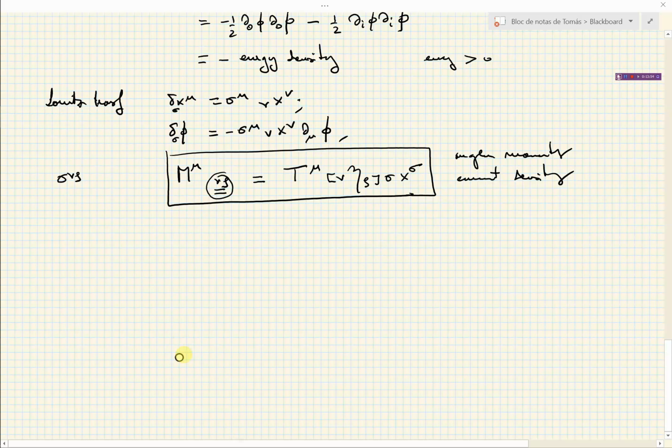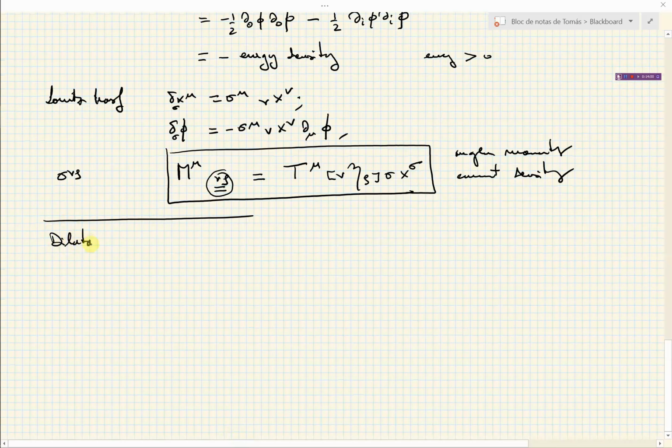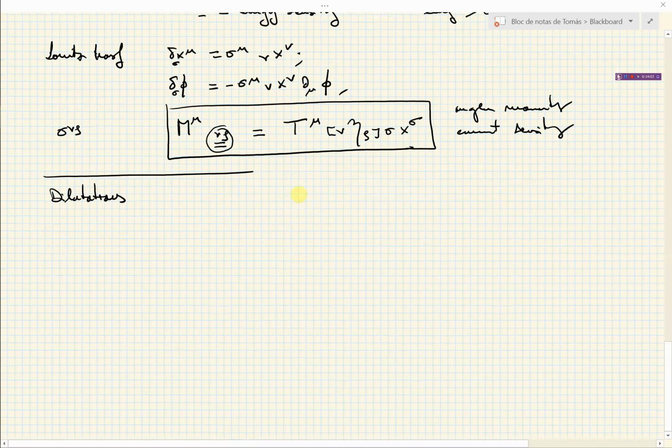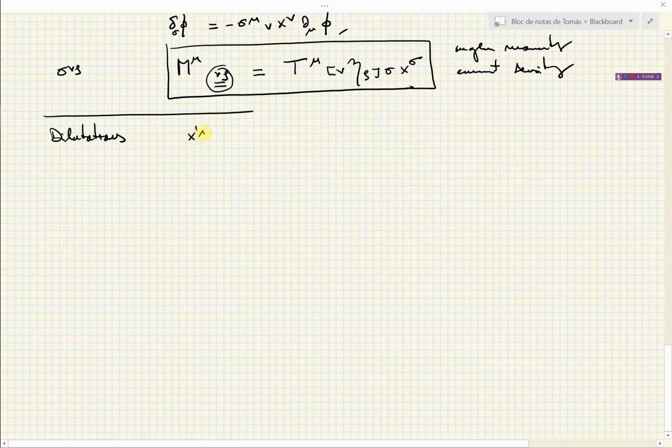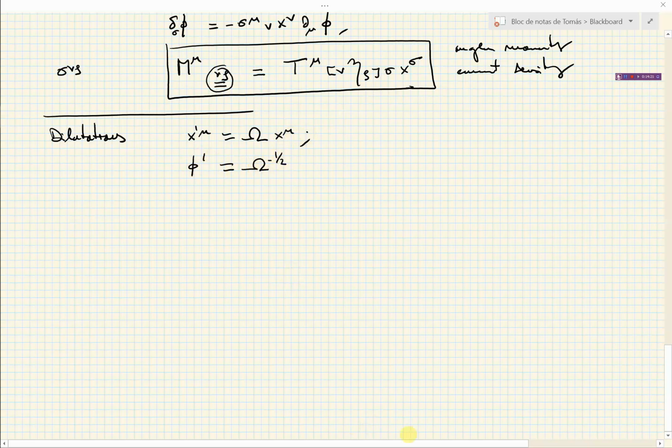So this transformation, which are dilatations, consists in rescaling the coordinates with a constant factor, x mu, and rescaling at the same time the fields by a constant factor, omega to the minus 1/2 phi. And you can check that this, in 4 dimensions, so this is for d equal 4, in other dimensions you may have different powers, leaves invariant the action of the free scalar field.